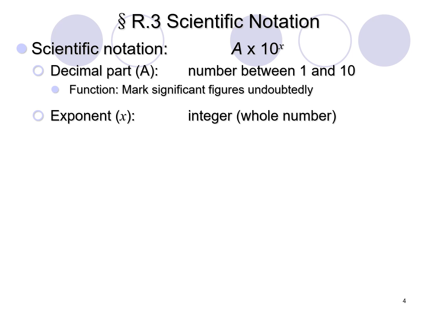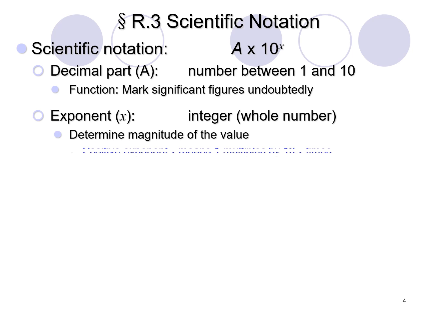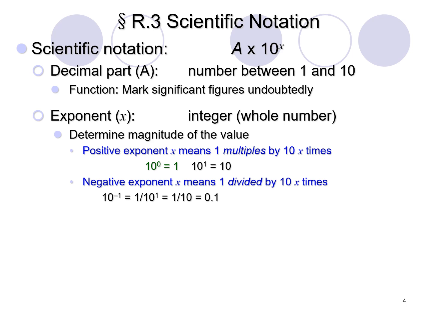As for the second part, the exponent of this exponential 10 to the x power, it just lets us know how big or how small the number is. If x is positive, that means we need to multiply this number by 10 to the x power. If the exponent is negative, that means the value is small, and we're going to divide this value by 10 to the x power.